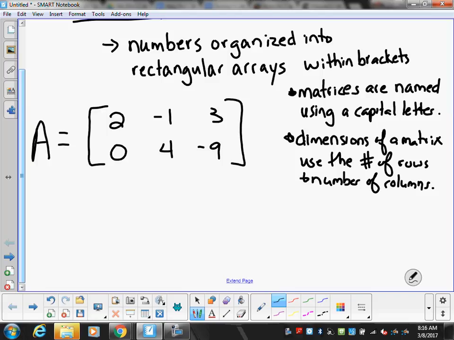Now, if the dimensions use the number of rows and number of columns, how many rows does this matrix have?